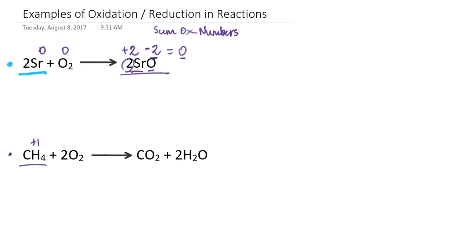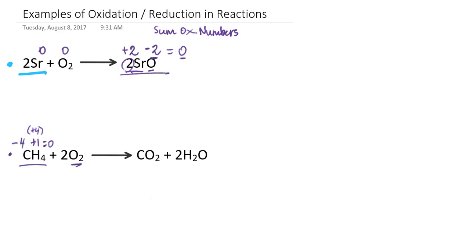All right? However, I do have to take into account that there are 4 hydrogens, so that when I add the oxidation numbers for the 4 hydrogens, so far I have +4 positive oxidation numbers built up, and these oxidation numbers have to add up to 0. That means that the oxidation number for carbon has to be -4.